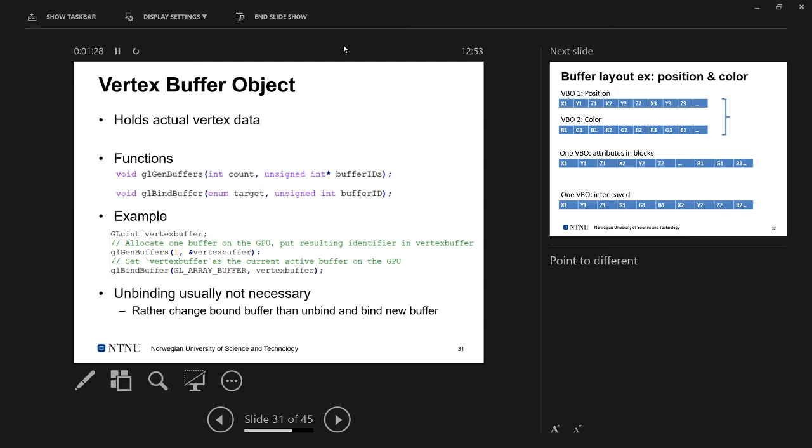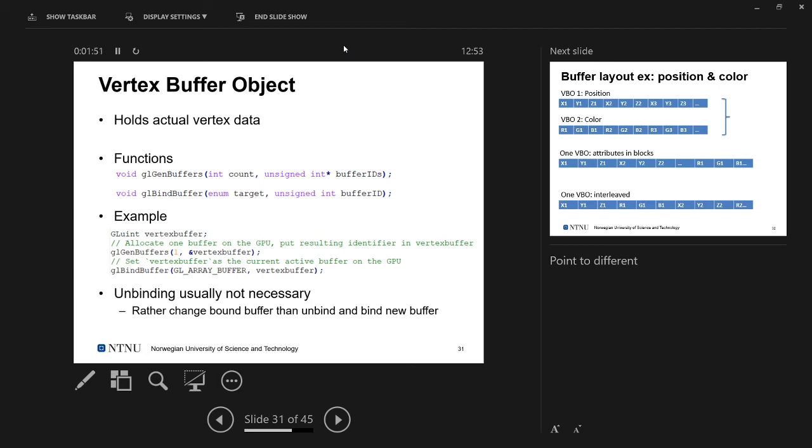If you generate several, then they will all be bound, because the only way you can bind it is through this ID, basically.